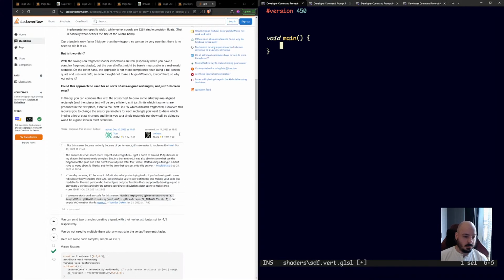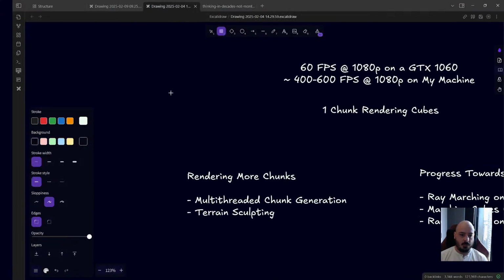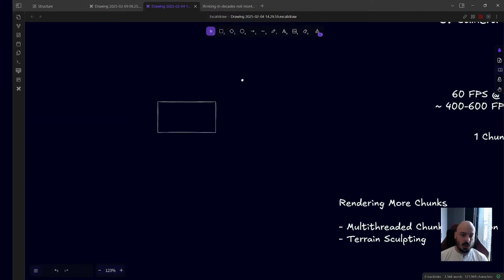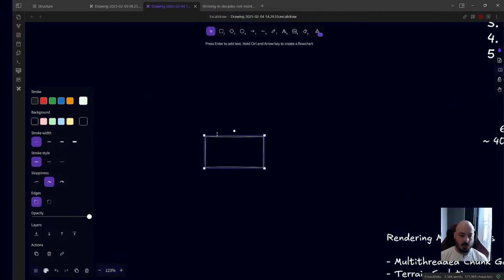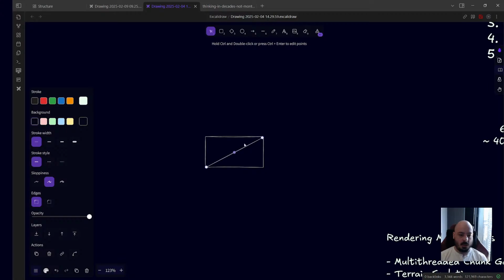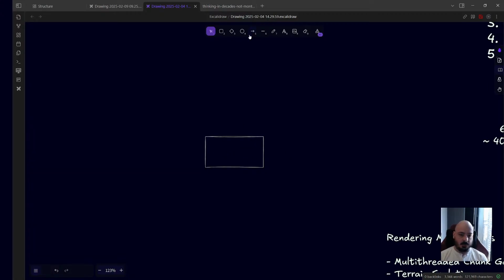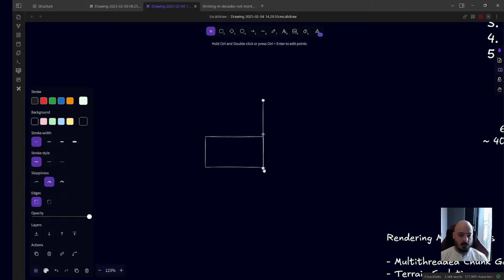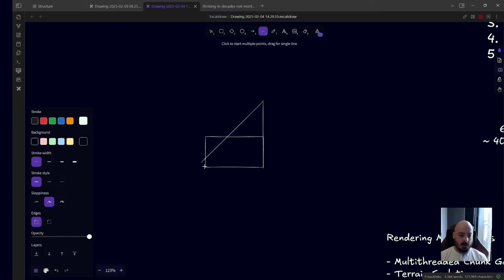So the one big triangle, what I mean by that is, let's say this is your screen. And all we want to do is draw pixels for the fragment shader, which means we could either make two triangles like this, one big quad, and we're drawing to these two triangles, or you could make one big triangle, a little bit bigger than that.